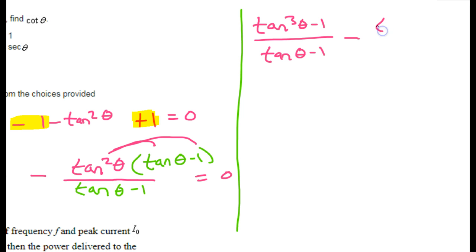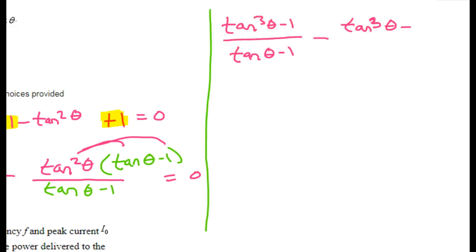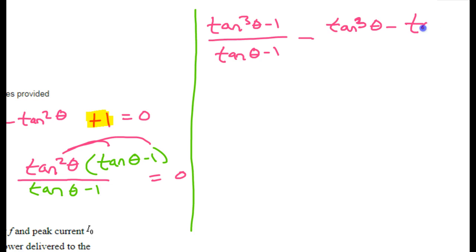I'm going to have tangent cubed theta, alright, tangent squared times tangent is tangent cubed, minus, now tangent squared times 1 is tangent squared, so minus tangent squared theta. And that's all over my like denominator of tangent theta minus 1.